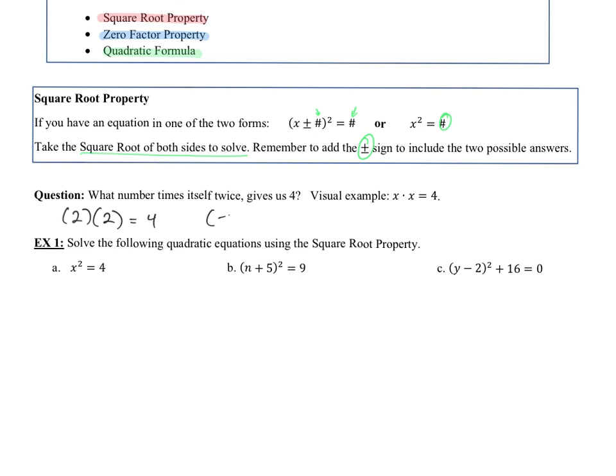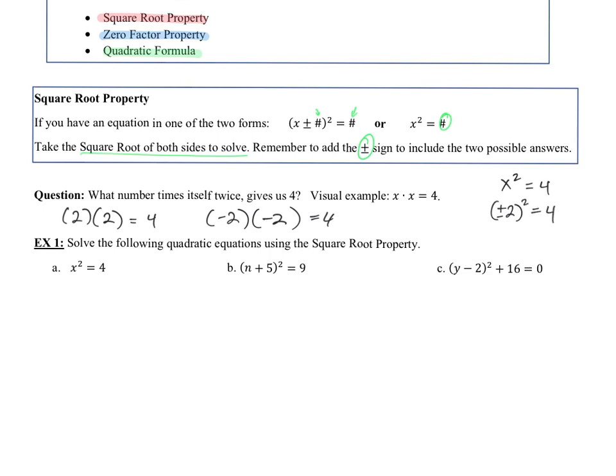How about negative 2 times negative 2? Would that give us 4? Yeah, it would, because the two negatives would cancel each other out. So in reality, if you had a number times itself, which we could write as just squared, equal to 4, that number is either a positive 2 or a negative 2.